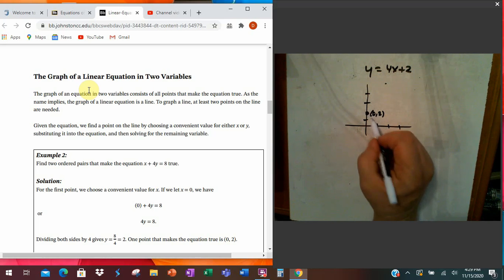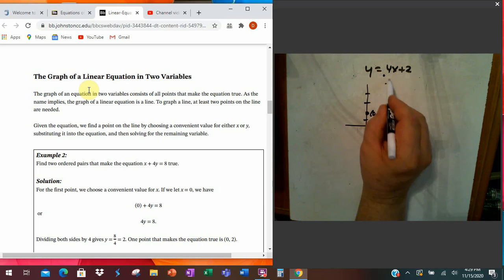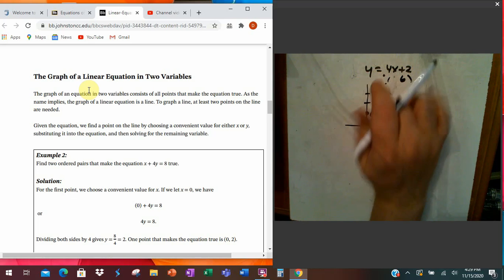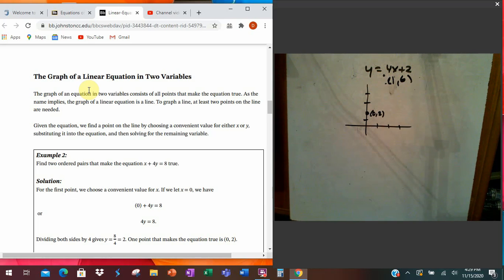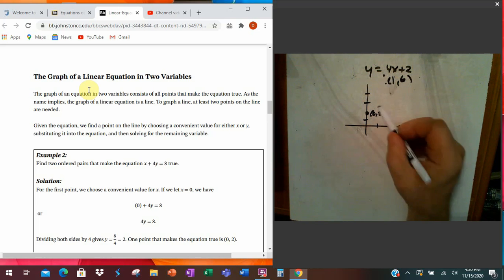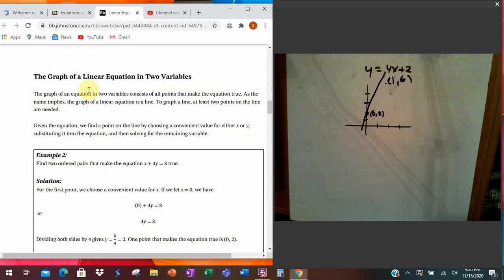So I go over 1 to the right, so I'll go up 4, and then another 2, so I would be out here at (1, 6). 4 times 1 is 4, plus my 2 would give me the 6, the y value. Okay, and all of those points on that line in between, if you calculated those things.